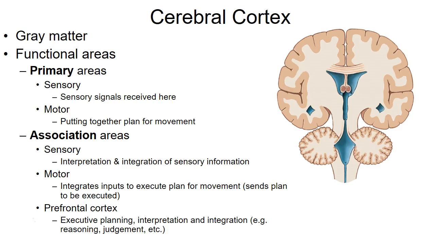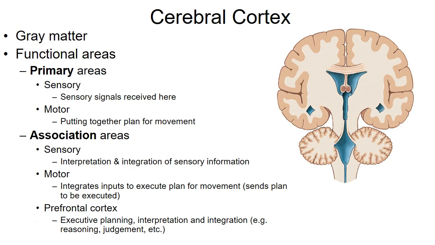So here we have the primary motor areas where we're starting to assemble a plan for movement, and then the motor association areas is where we integrate all those inputs to send that execution for that plan out. Right? Sends the plan to be executed. So in this case, that plan for execution is going to be mostly our skeletal muscles. We're going to walk over to Krispy Kreme and get us our donut. All right?